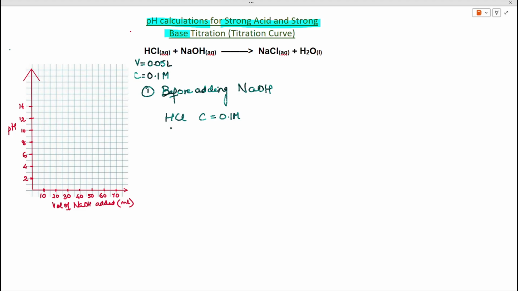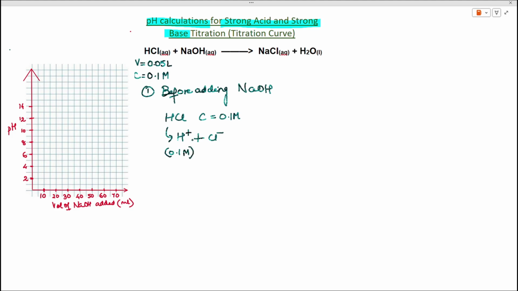And because HCl is a strong acid, it breaks down into H positive and Cl negative. So whatever the concentration of HCl, the same is going to be the concentration of H positive and Cl negative because the ratio is 1:1. So we have the concentration of H positive as 0.1 moles per liter.